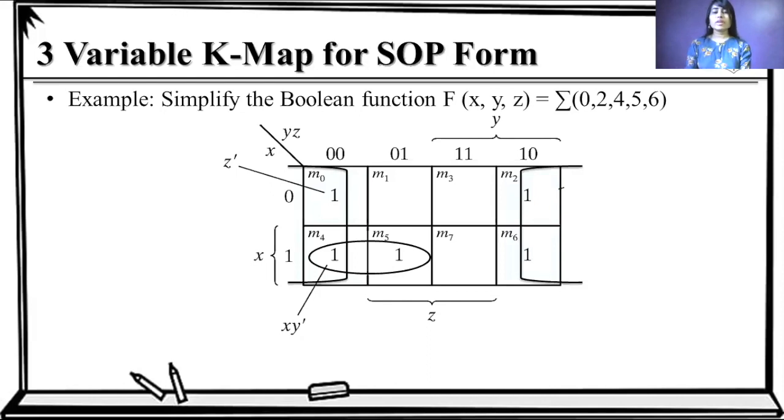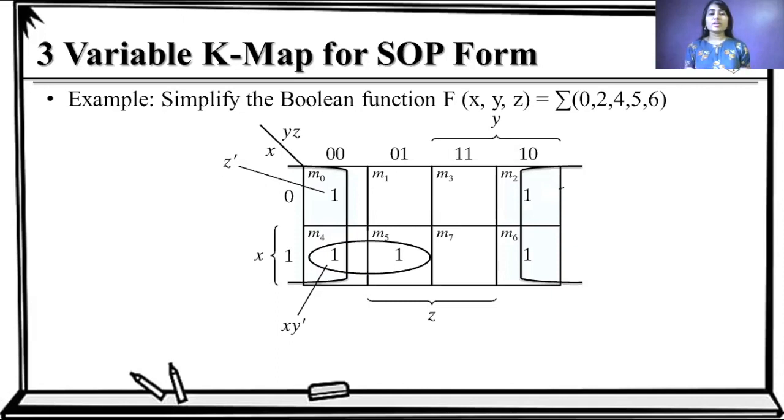After writing 1 over here, try to make a group. First try to make a group of 4. Here remember this: we can make a group of edges over here, because 0, 0 and 1, 0 are also adjacent numbers. So we can also make a group like this.